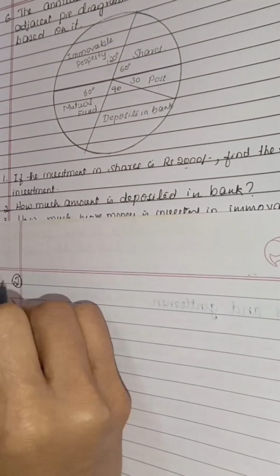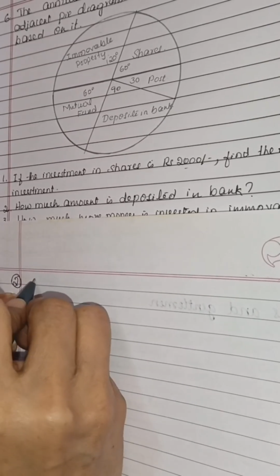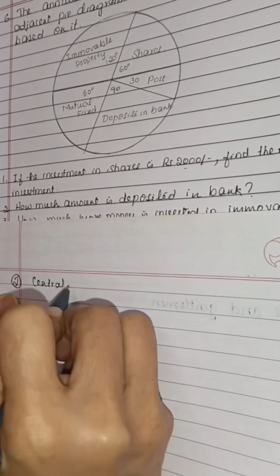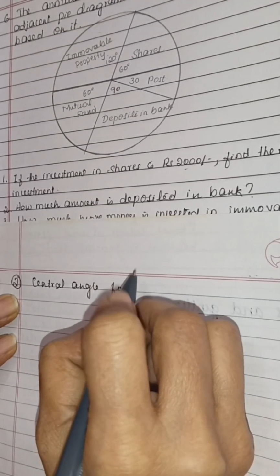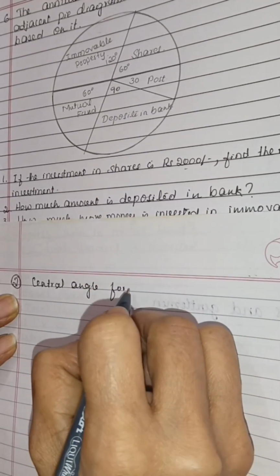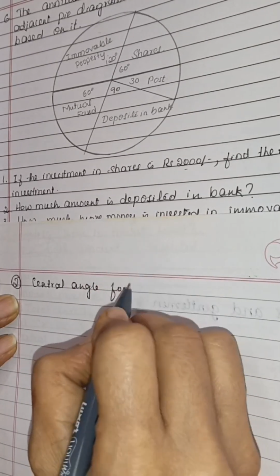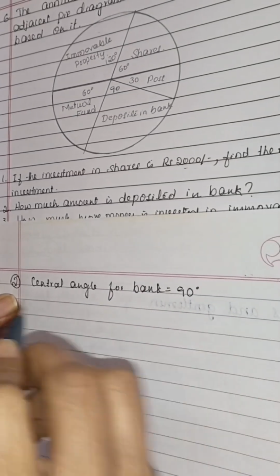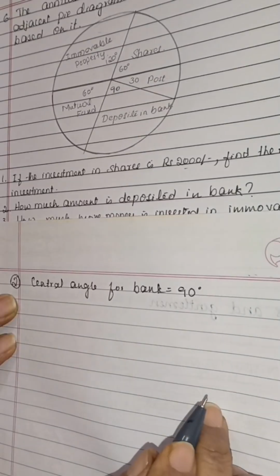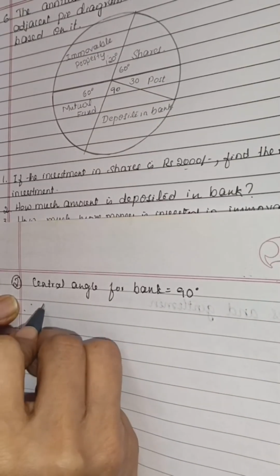The central angle for bank is 90 degrees.